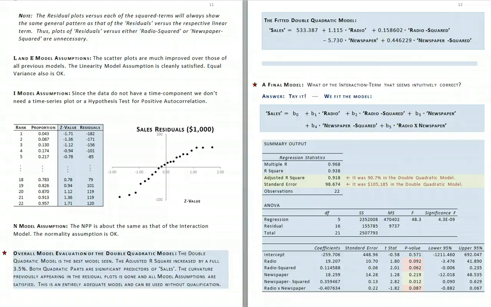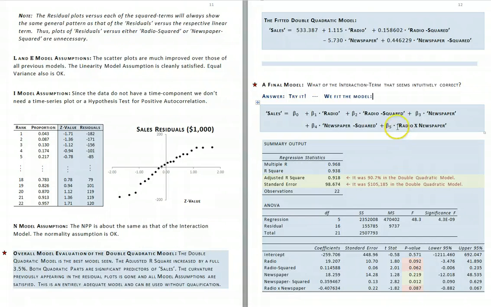For a current amount of radio and newspaper advertising, to decide where best to spend an additional $1,000 worth of advertising budget is a calculus problem. That problem would be done as we did last time when we worked with the interaction model. This completes our discussion of the double quadratic model.